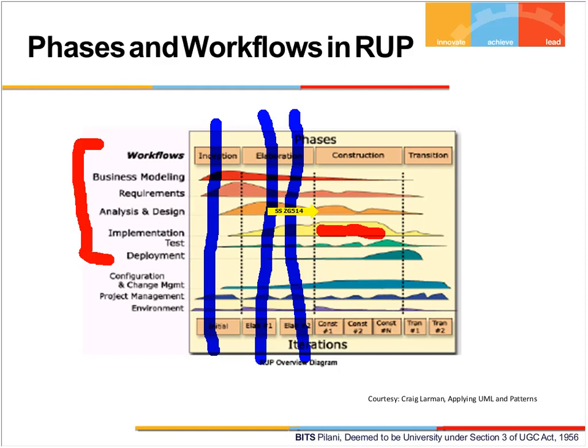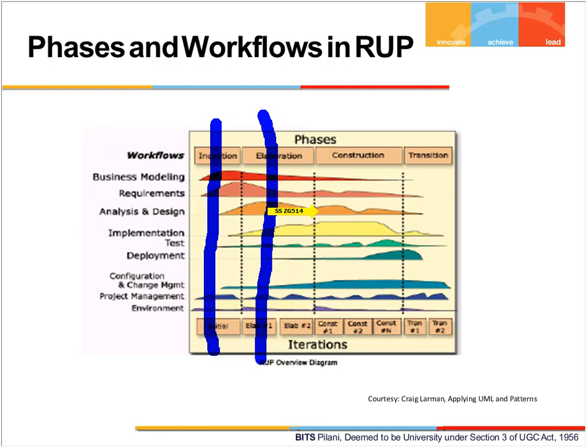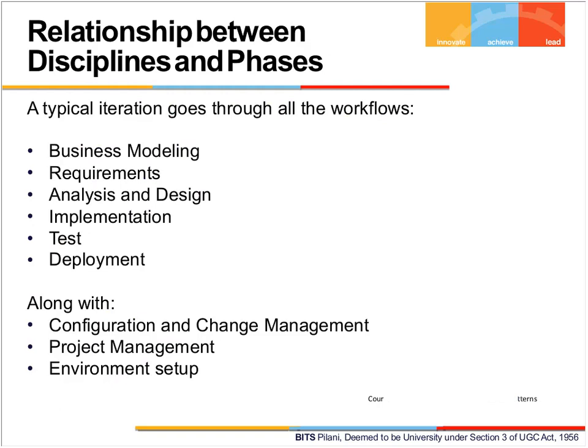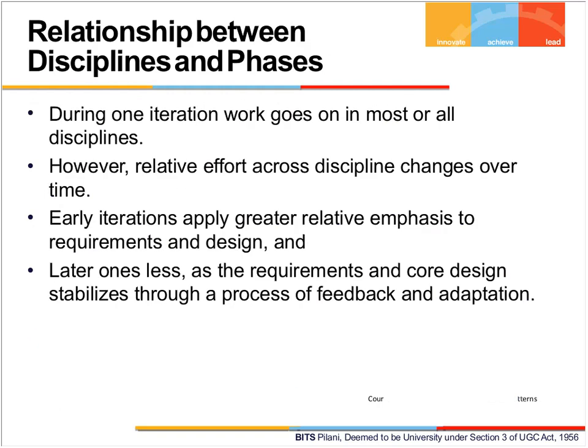I hope this clears what I'm trying to say. Let me just clear the annotation. I will still continue to explain this. So we go back to the relationship between disciplines and phases. So during one iteration, work goes on in almost all or every discipline.